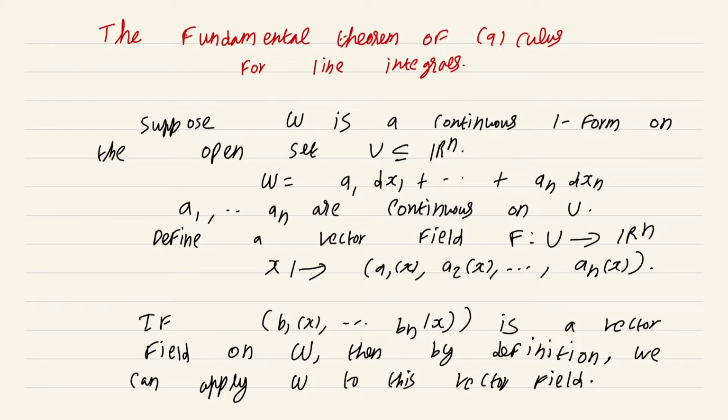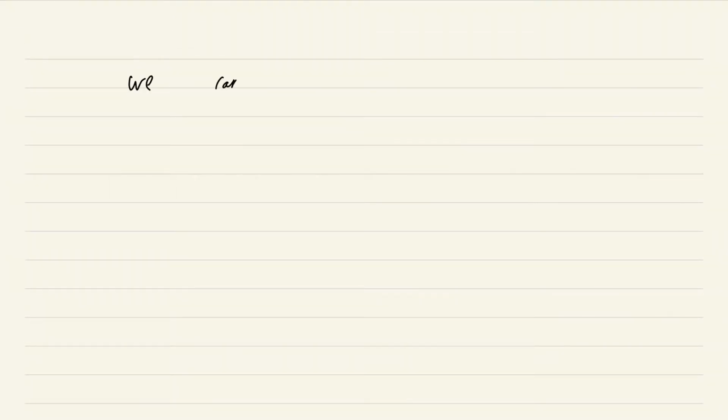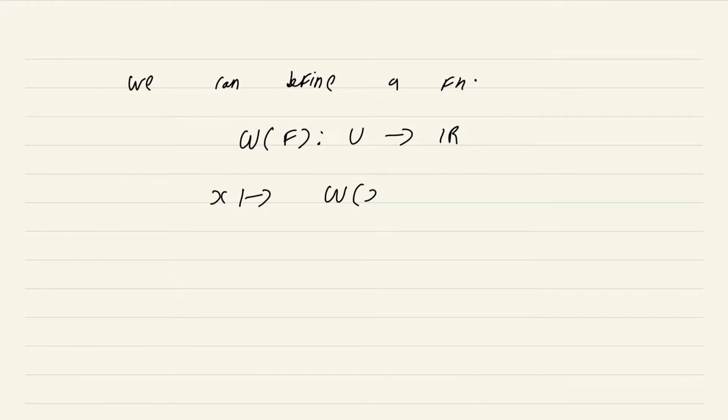So we can define a function, omega of f from U to R, which is just x going to omega at the point x acting on f(x), which is a vector. So omega of x is a linear functional, f of x is a vector, so omega of x can act on f of x, and this will be a number.